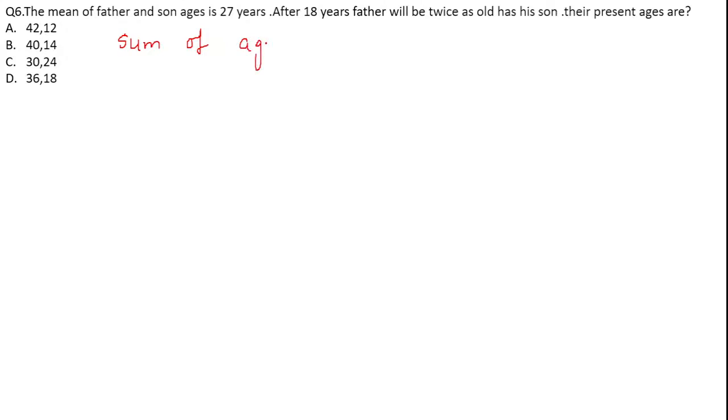So let's try to solve this question. So the sum of ages of father and son is 27 into 2, because for average we know the formula: sum of total elements divided by number of elements gives us the average.